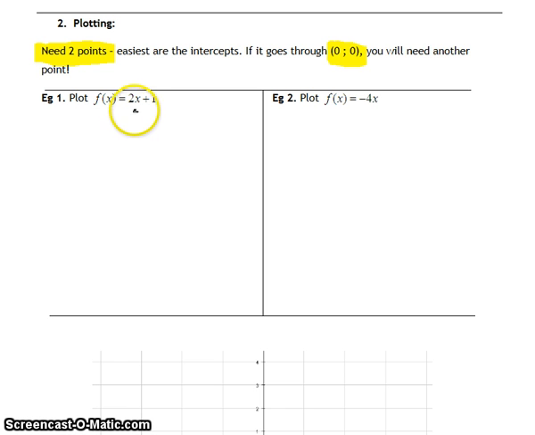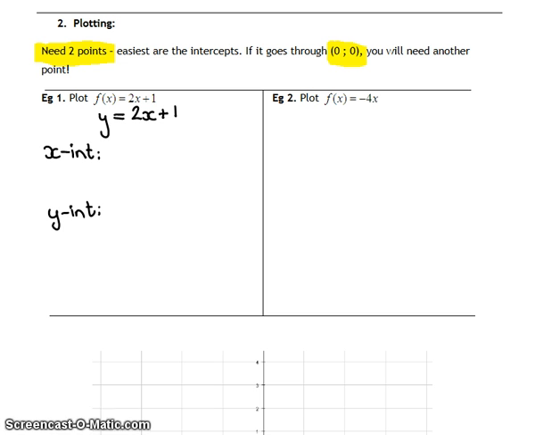Let's start with an example that says f of x is equal to 2x plus 1. I know that, in other words, means y is equal to 2x plus 1. Sorry, I think I said minus 1 earlier. The easiest way to plot a straight line graph is not to find two random points, but to find our x-intercept and our y-intercept.